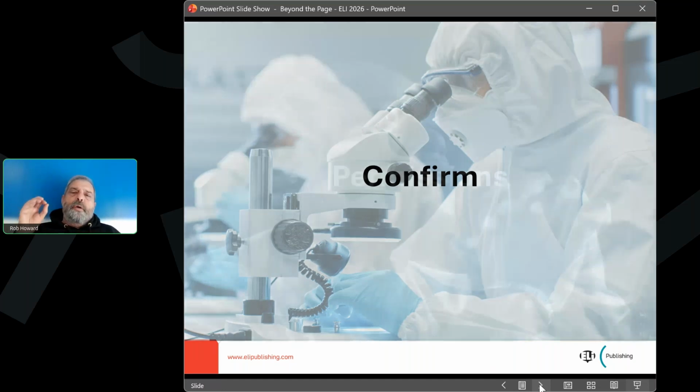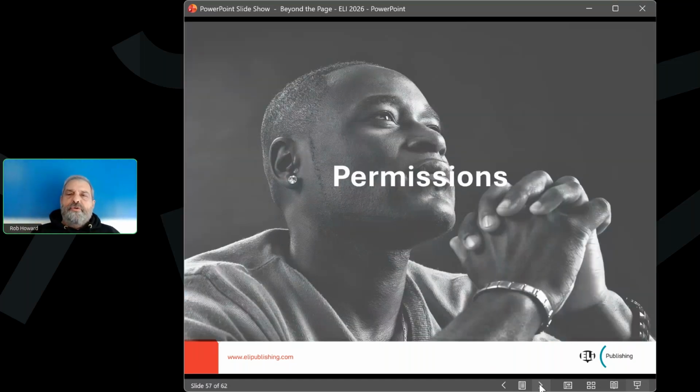Very important when you're using other materials and using other people's materials, it is very important to ask permission. I'm a big stickler on copyright. My pictures here all come from Microsoft, and I have permission to use these. So I get permission on everything.